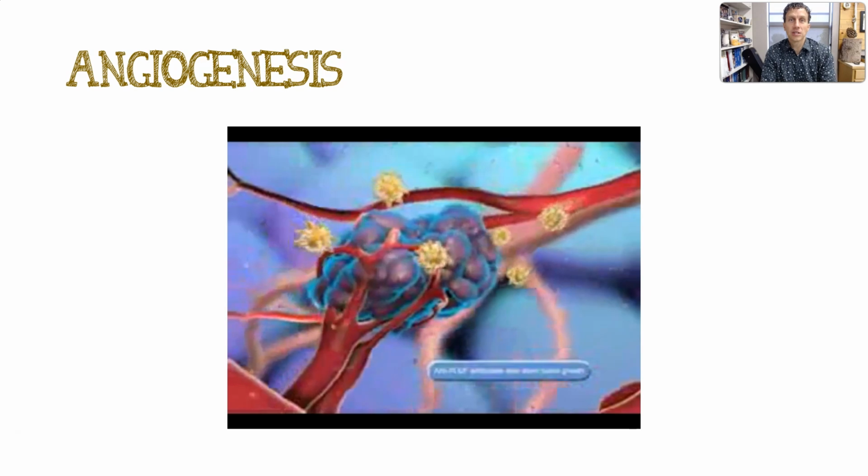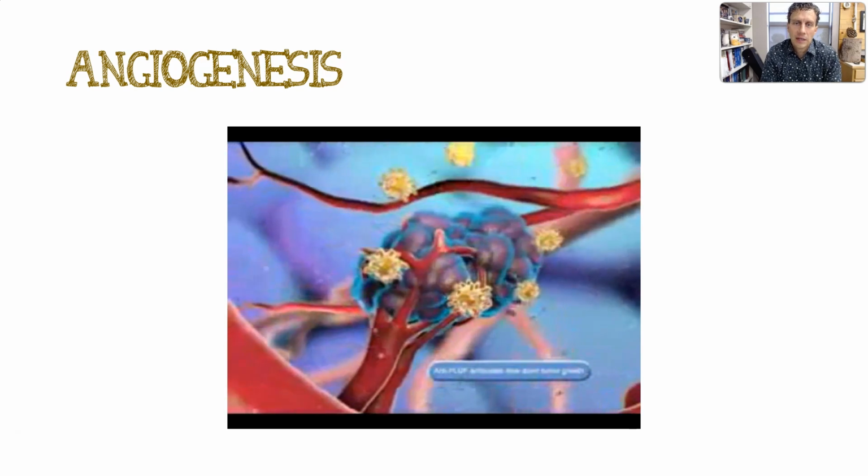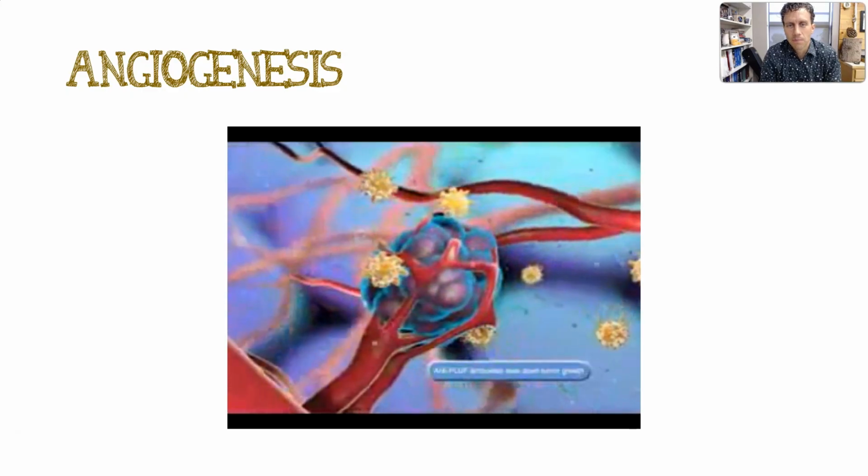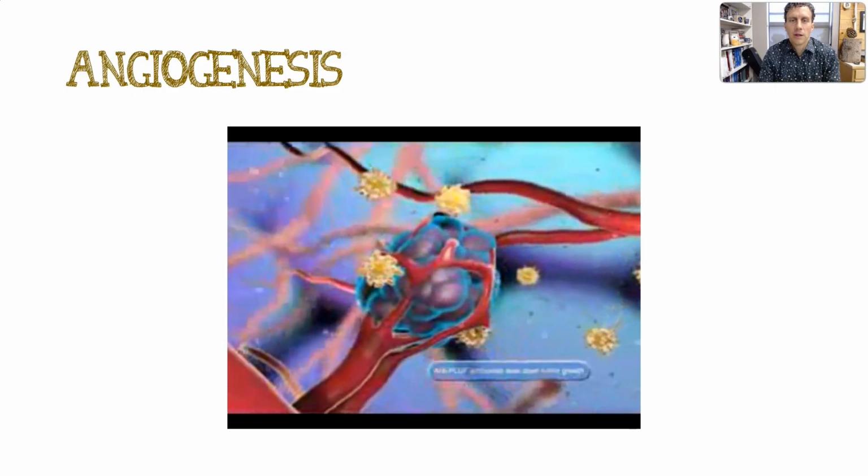And so that's going to slow down the growth of the tumor and give the white blood cells, the killer T cells, time to attack the cancer cells. So angiogenesis, big word. Angio refers to our blood vessels, and genesis means to start or create. And so it's sending out signals for new blood vessels to come toward the tumor.